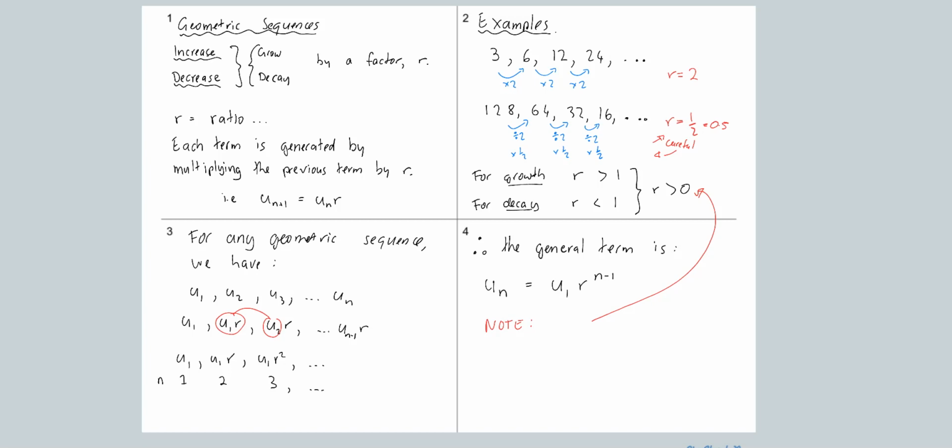What happens in a sequence is that, let me just pick a really simple one, like 3, negative 3, 3, negative 3, etc. To get to each term here, I'm multiplying by negative 1. So I can generate a sequence quite happily.